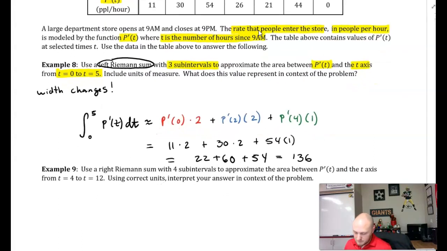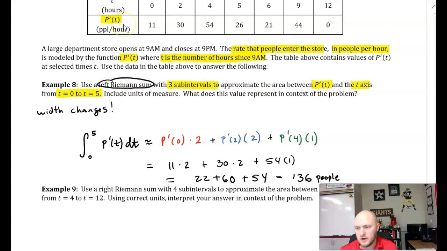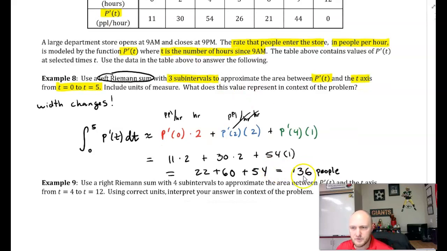Okay, and this is people, because we're multiplying people per hour by hours. So when we multiply those, the hours cancel, and we get people, right?